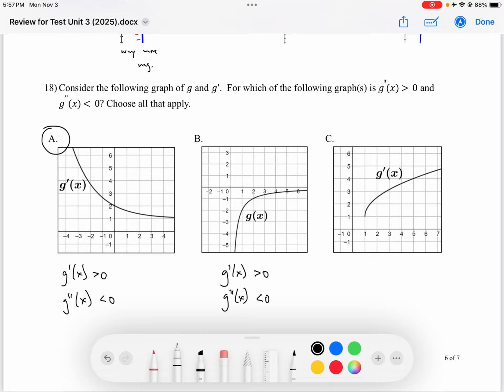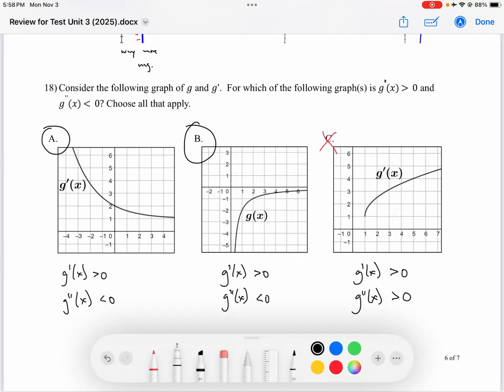And here, G prime, is it positive? Yes, G prime is positive because it's above the x-axis. However, G double prime is also positive because G prime is increasing. So those two have this characteristic where G prime is positive and G double prime is negative, but this one does not.